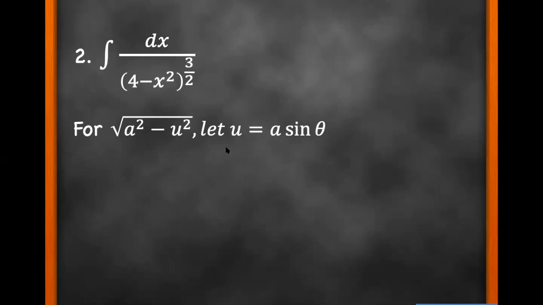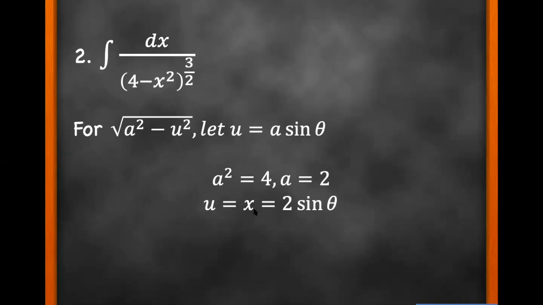We can see clearly that a squared is equal to 4. So by taking the square root of this equation, we have a equal to 2. Now for our u, in the given integrand we have the variable x.